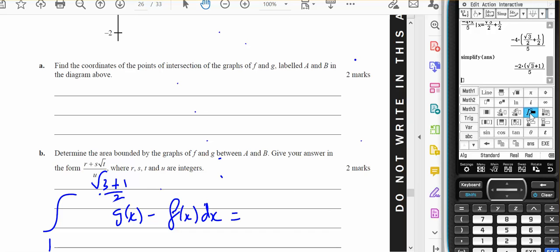Now my calculator, I will do that. So I've got 1 divided by 2, and I've got this one here, so copy, paste. Try and get into the habit of doing exactly what they've got here, and don't try and retype them.